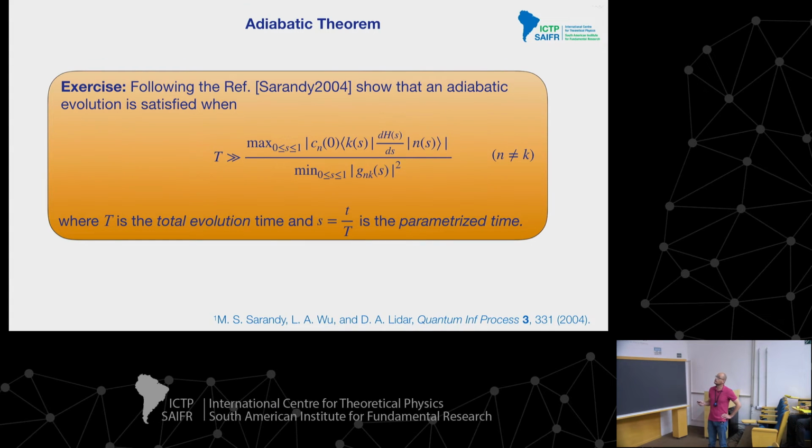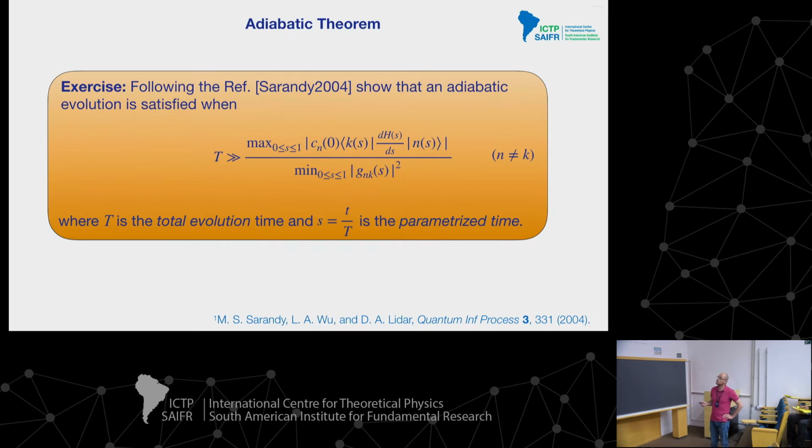The adiabatic theorem establishes this constraint. Okay, this is another exercise. This is a bit more difficult than the previous one, okay? If you follow this reference, it's a friendly paper and you can reproduce these calculations, right? This is one of the possible statements of the adiabatic theorem that guarantees that if you wait long enough, I mean, this capital T is the total time of the evolution of the system.